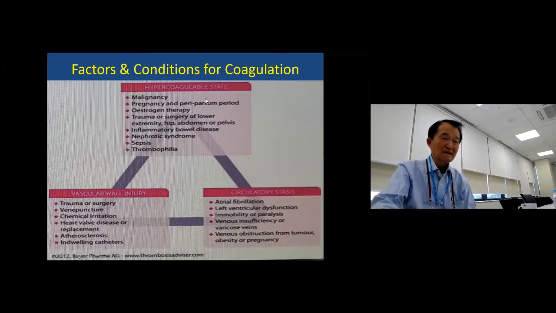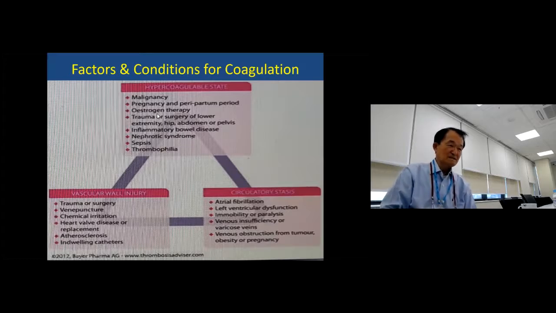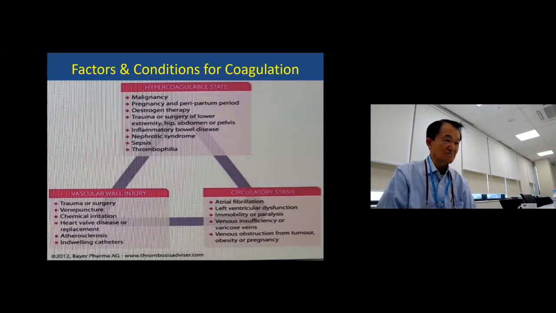So stasis seems to be a major cause of this problem, just like pregnancy. Estrogen, as we mentioned, is very useful for a lot of ladies' metabolic processes, but estrogen also causes certain cancers as well as blood clots.